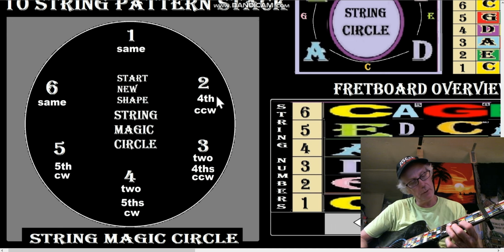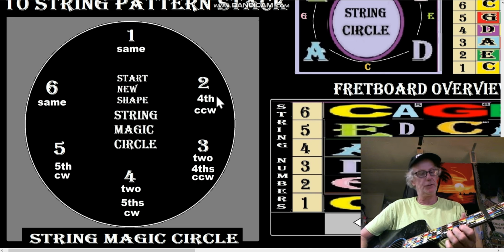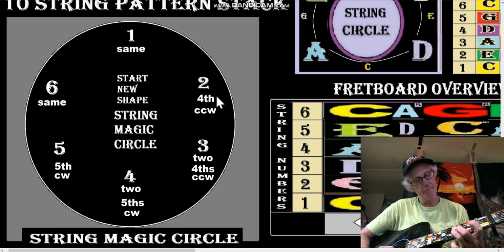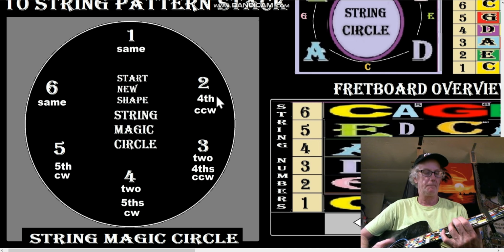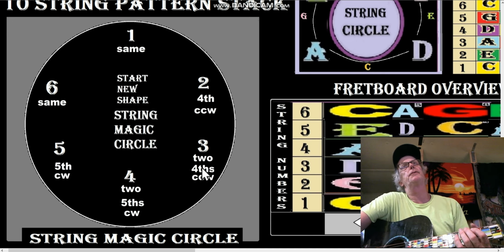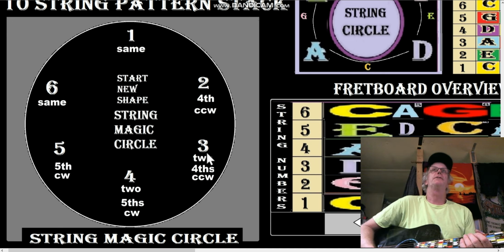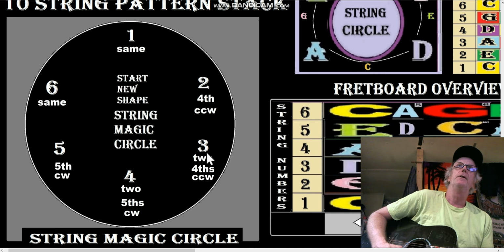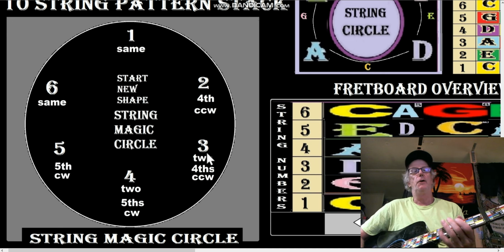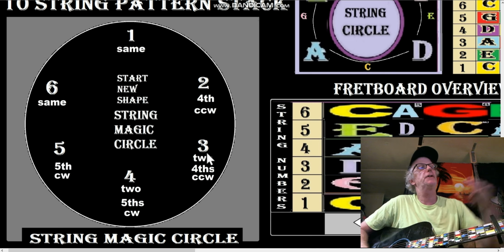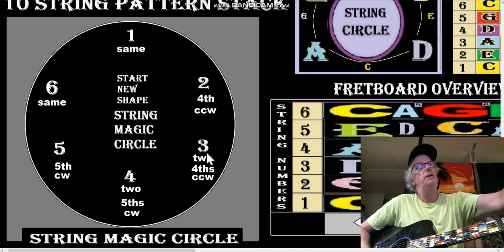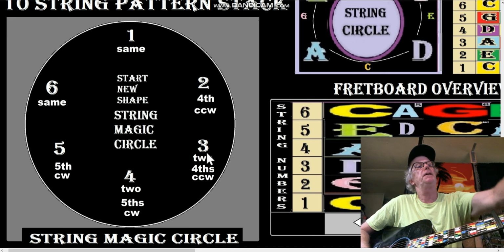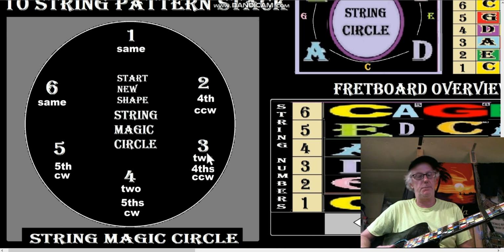Adjust for the tuning warp. There's your D shape. Trust me, this works. Now if we go to the third string and start an A shape on the third string, we count two fourths. Let's do it in a pentatonic scale. A, skip C to D, skip E to G. So it's going to become a G shape. So third string, we're going to start an A shape here.